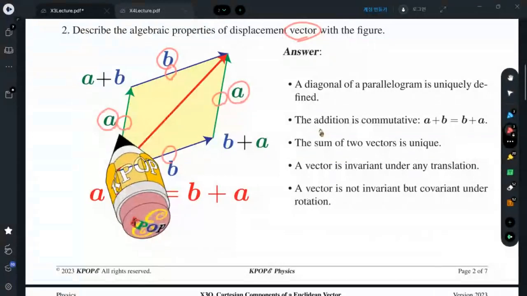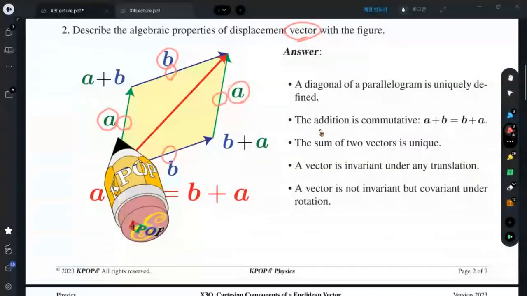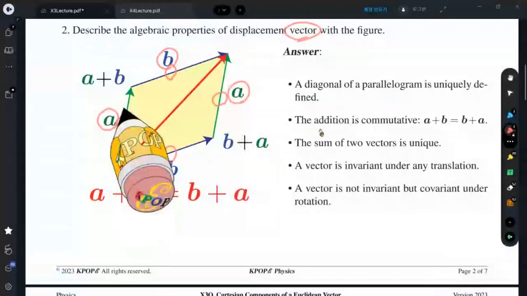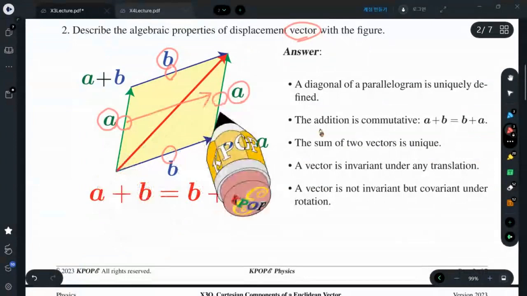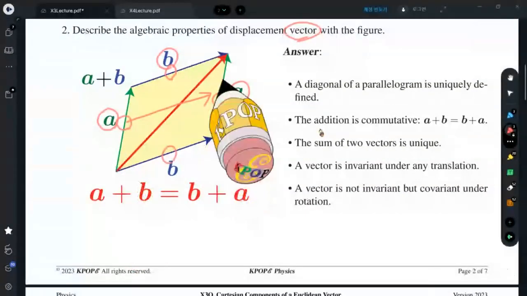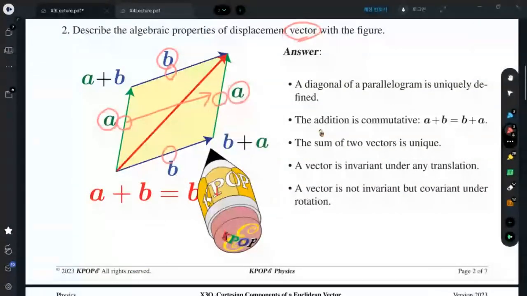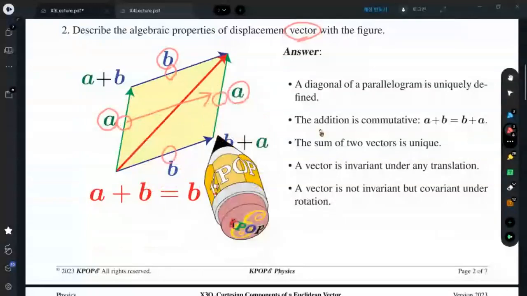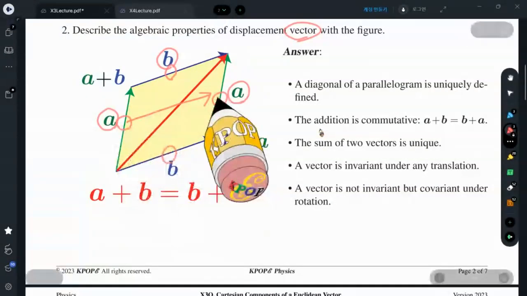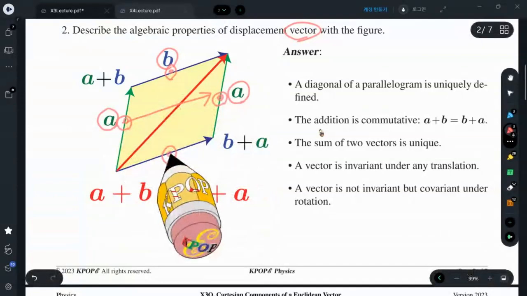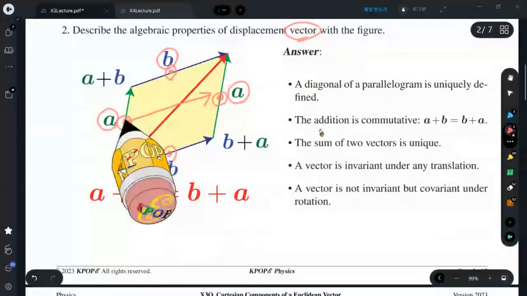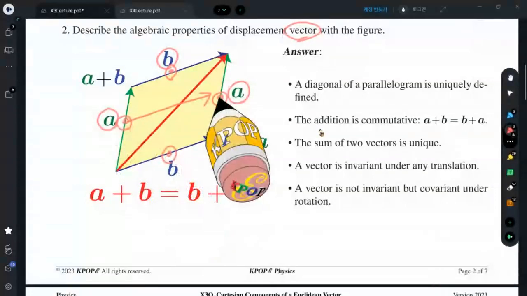It does not change at all under translation. And translation is the change in position, keeping the orientation the same. Any two parallel vectors of equal length are the same. These two vectors are the same, and these two vectors are the same.